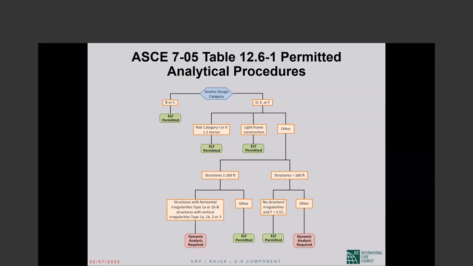So we are saying shorter buildings can be designed using equivalent lateral force procedure. Taller buildings, you have to do dynamic analysis. Okay.